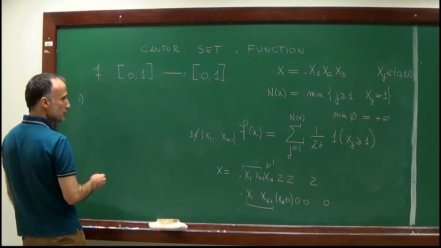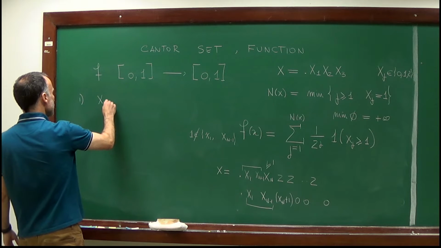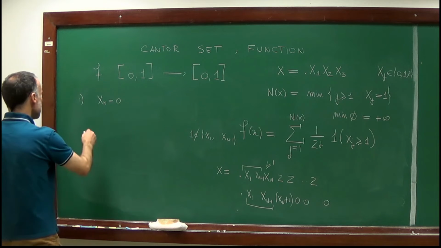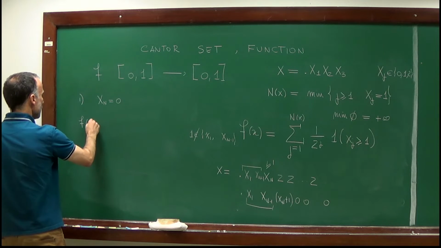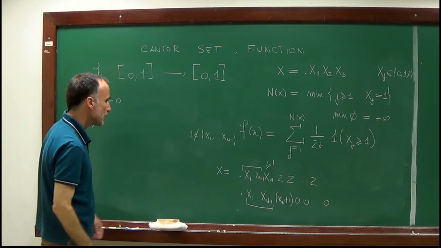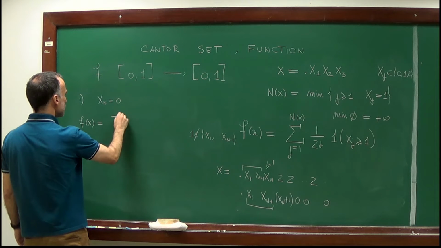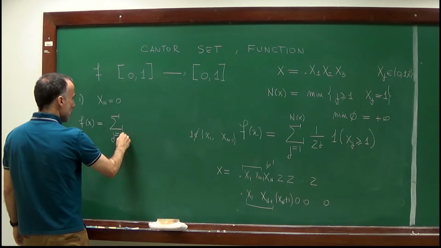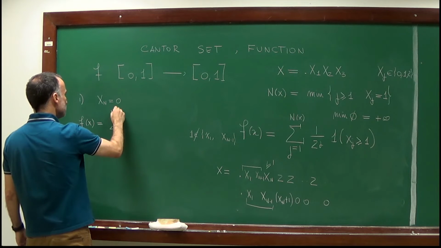So let's consider the first case in which xn is equal to 0. In that case, by using the first representation, f of x is equal to the sum from 1 up to n minus 1.